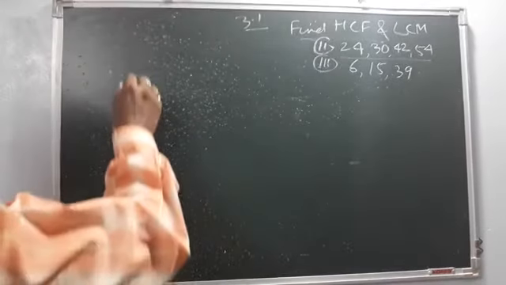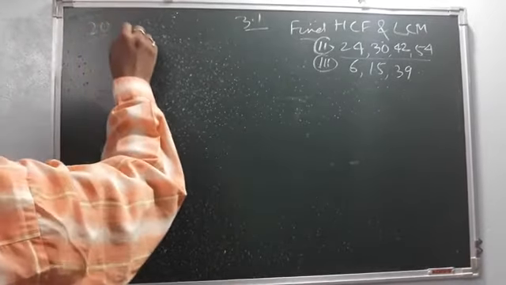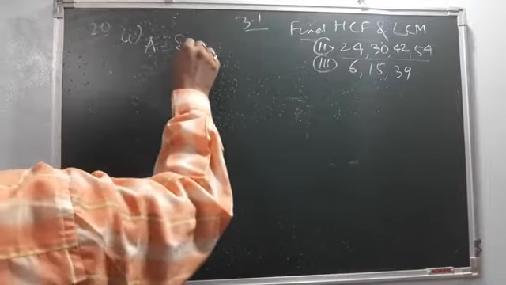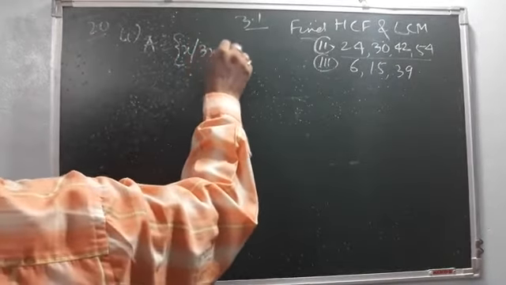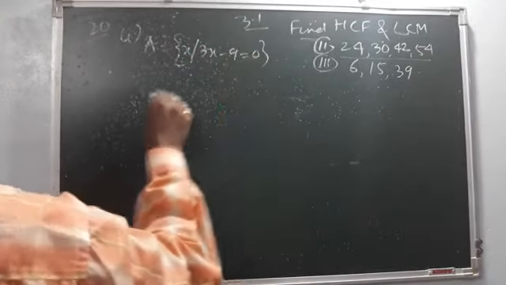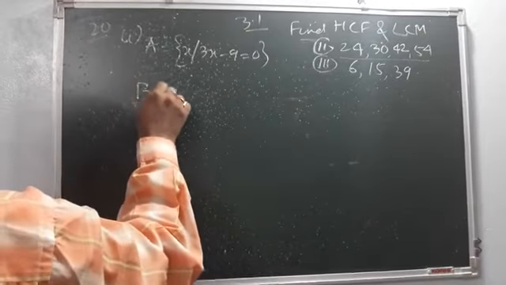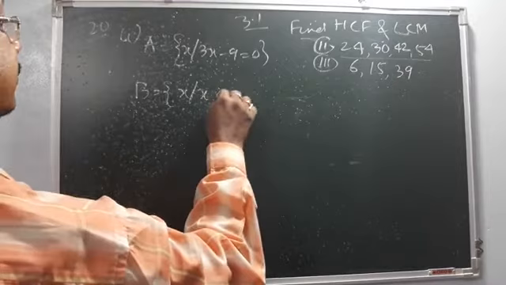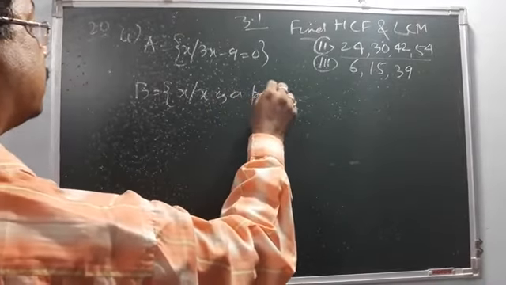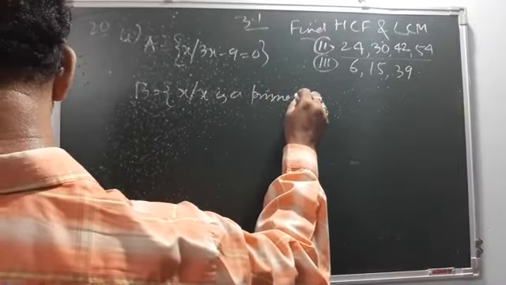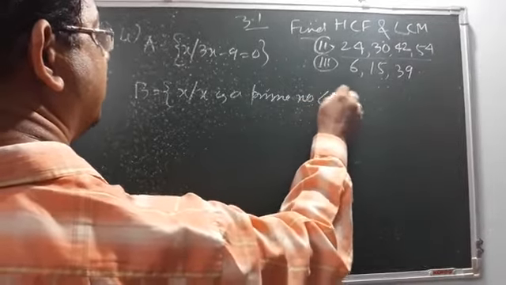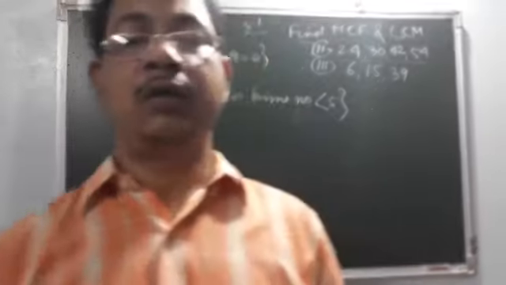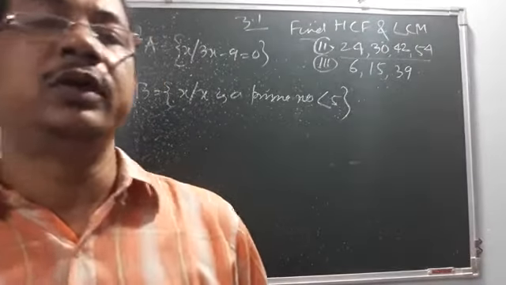Now question number 20. They said whether two sets are disjoint, that is A, x such that 3x minus 9 equals 0, and B, x such that x is a prime number less than 5. Disjoint means whether they have no common element.